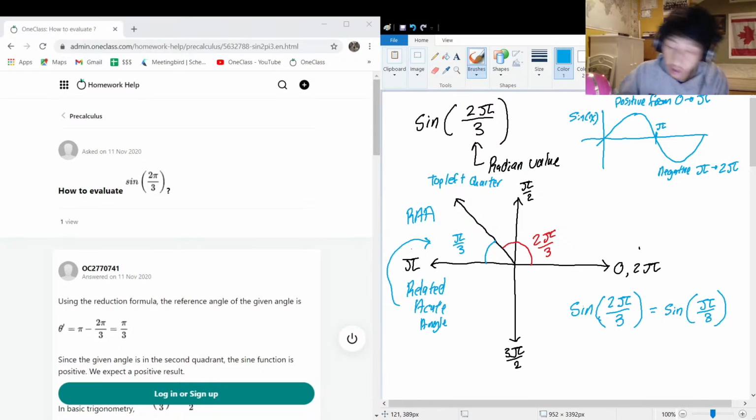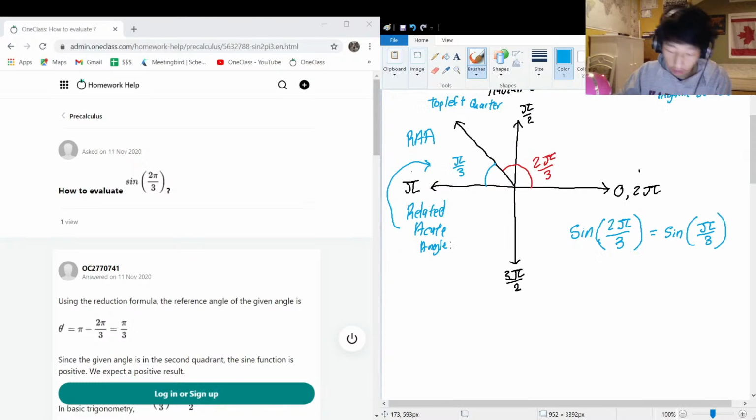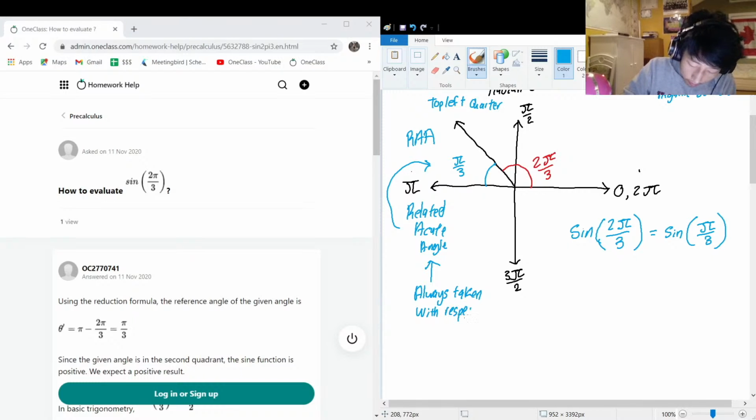The related acute angle is always going to have the same magnitude as the actual result of the regular sine, and is always taken with respect to the x-axis.